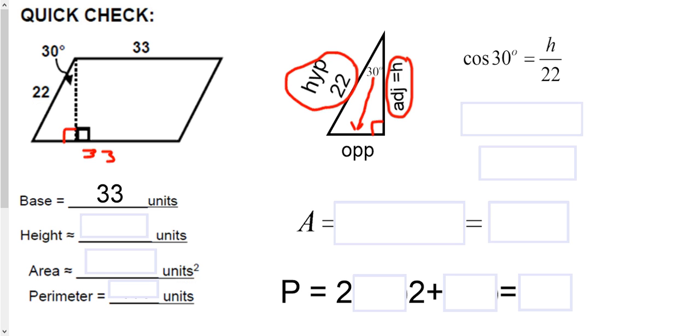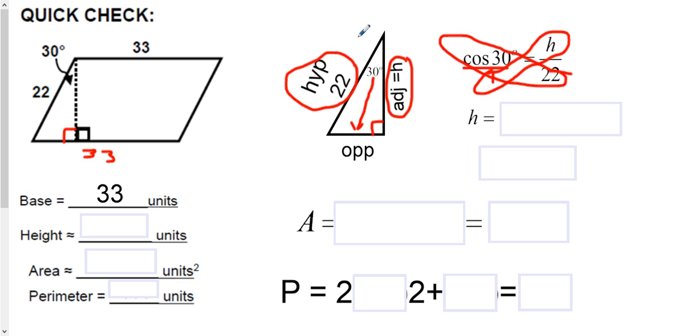Go ahead and write it as a proportion. Put this over 1 here, and cross multiply. So we'll have 1 times h again, which is h, equals the other cross product, which is 22 times the cosine of 30.